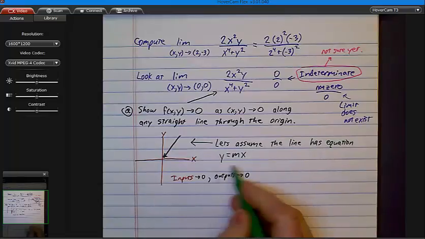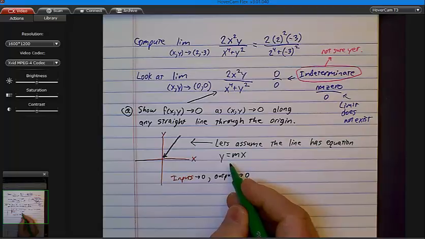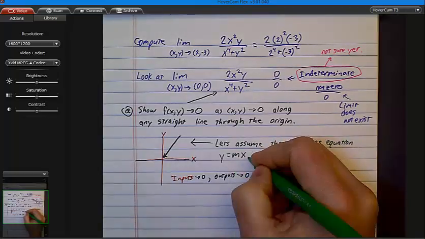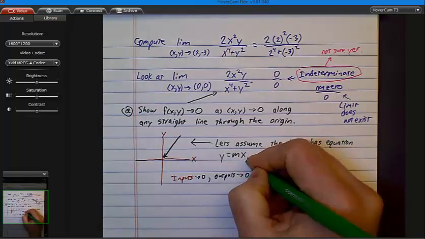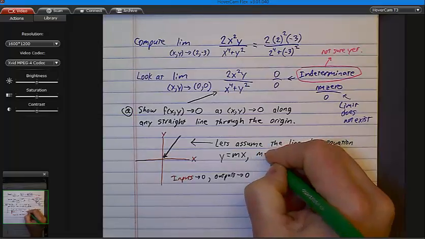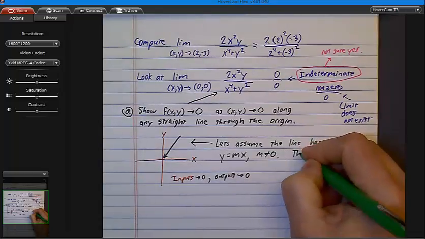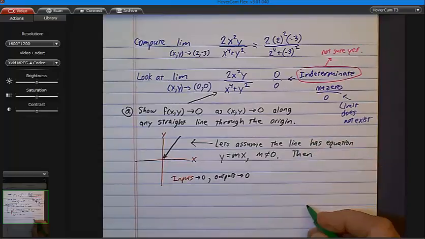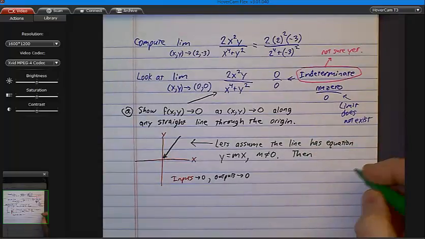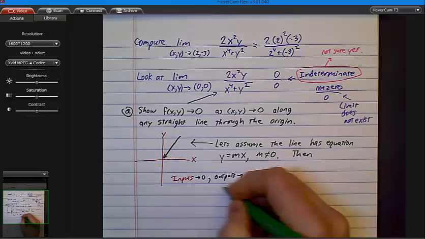Okay, but let's suppose that we have this equation. And let me say that m does not equal 0, because that's another weird one. But if this is true, then here's what we have.